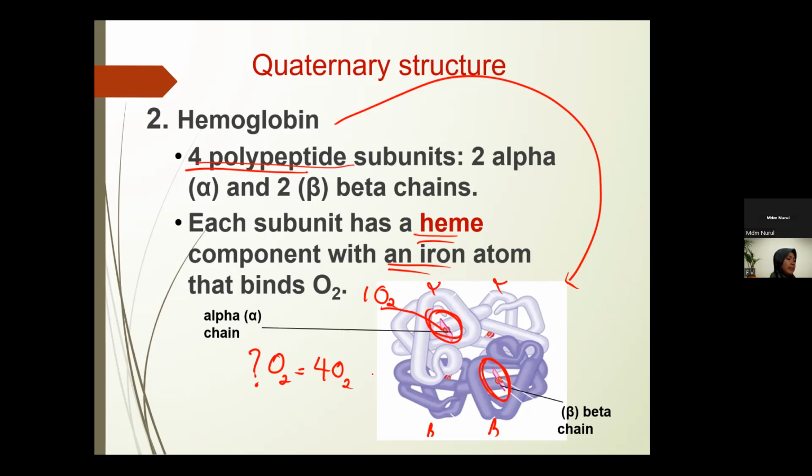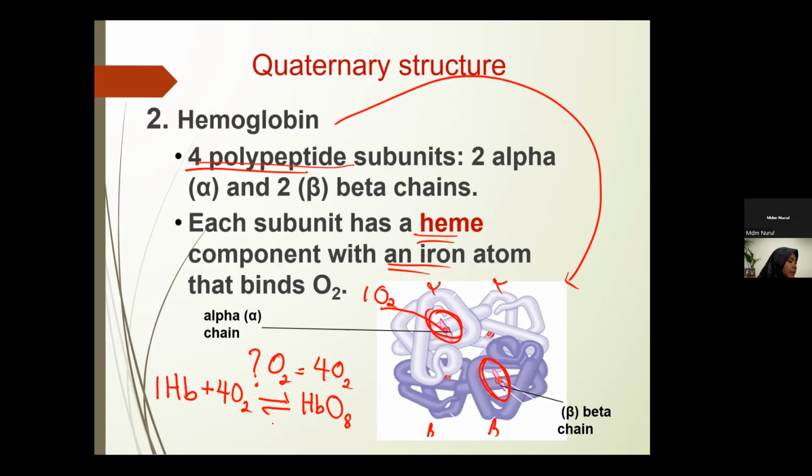Okay, right. Okay, so in this case, 1 hemoglobin can bind to 4 molecule of oxygen dan membentuk, ini Madam tulis siap-siap, kita akan belajar nanti. Dia akan bentuk apa ni? HbO8. Sebab 4 kali 2, 8.